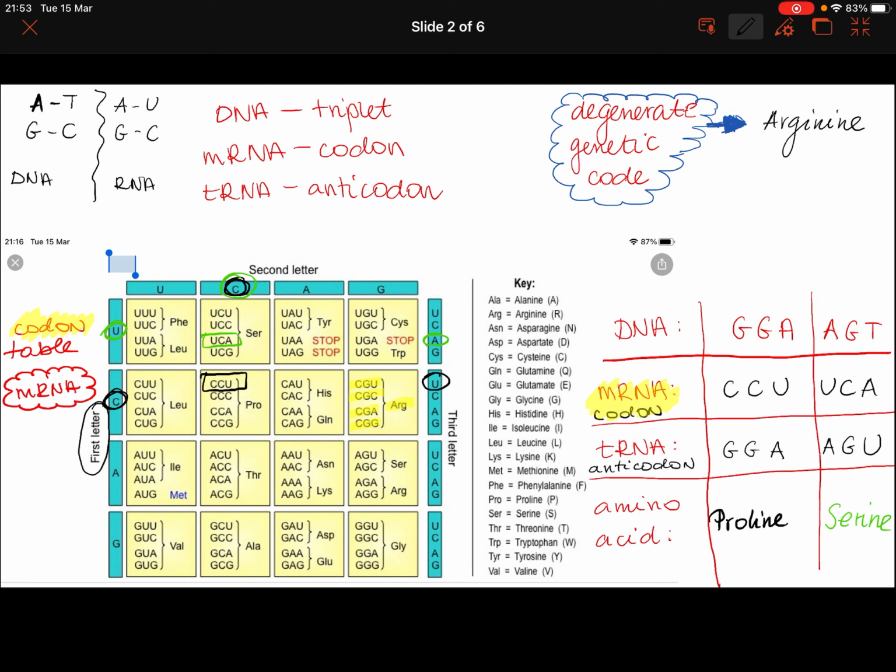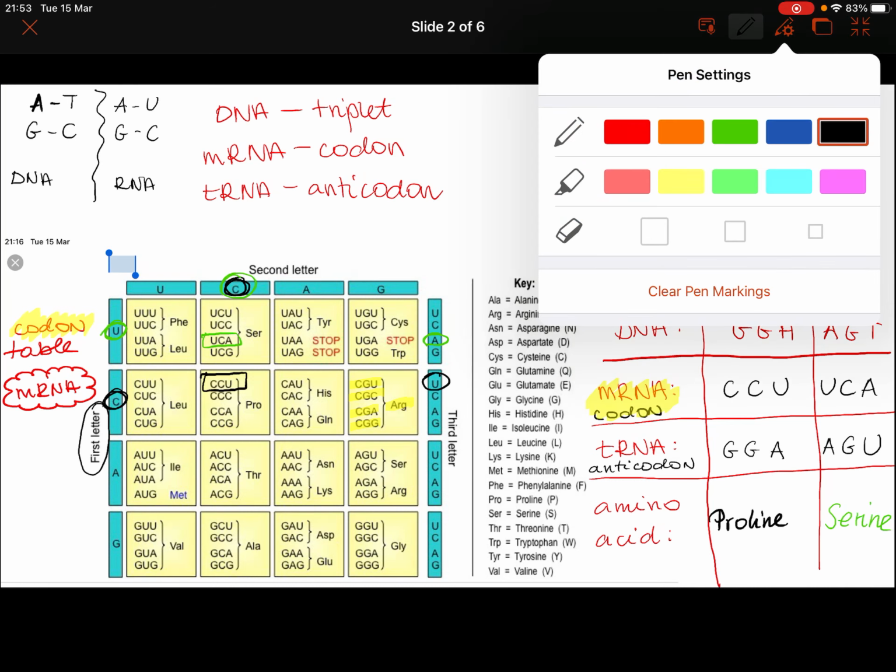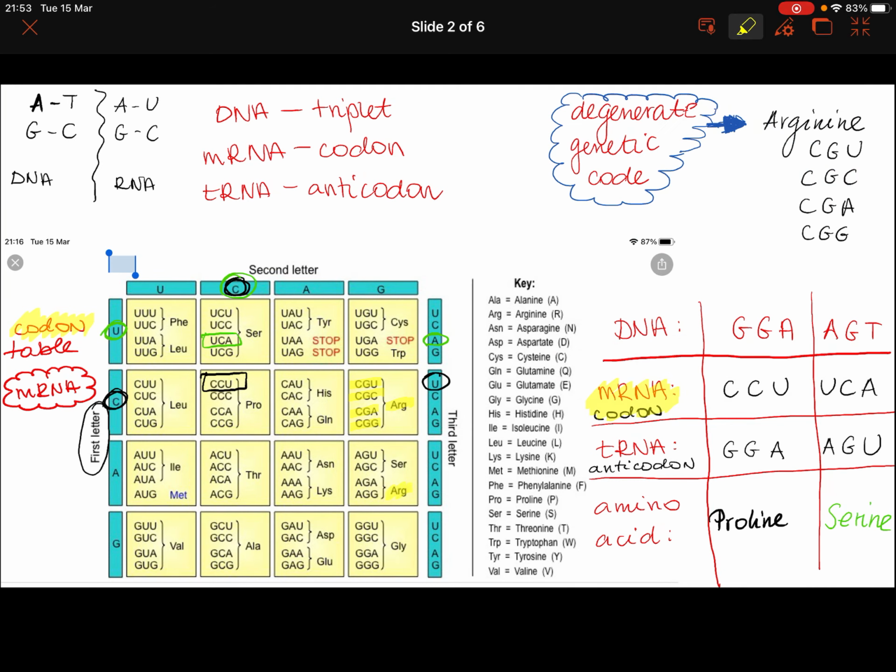This amino acid can be coded by the following codons: CGU, CGC, CGA, CGG. If I look further throughout my table, I can also find this amino acid here, and those are further triplets coding for it.